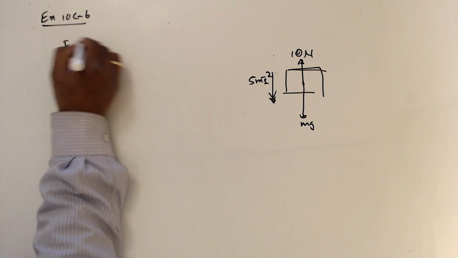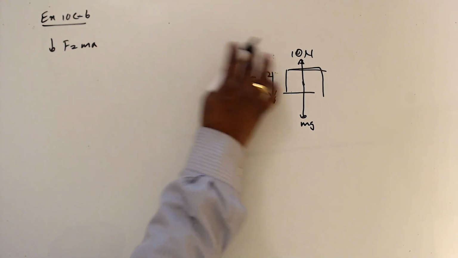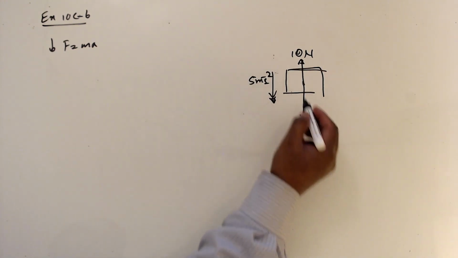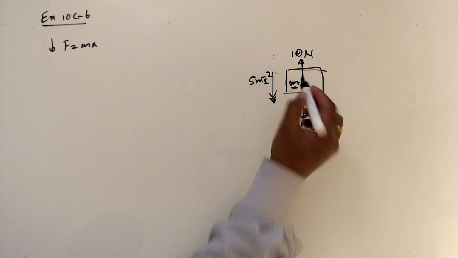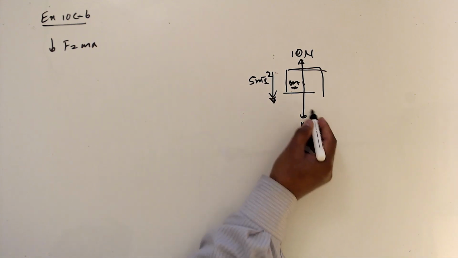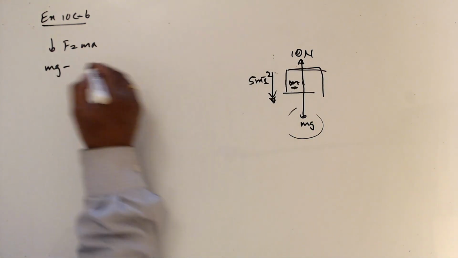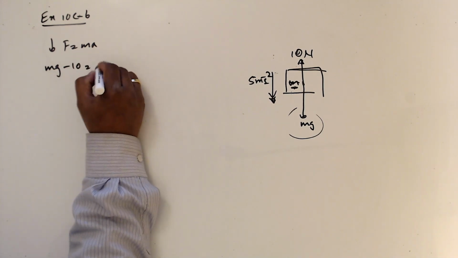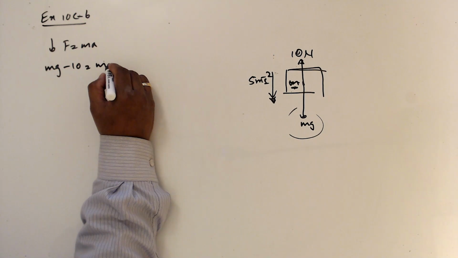F equals ma downward, question number 6. This whole setup is accelerating downward. We need to find the mass. So F equals ma downward. So this is positive mg, minus this is negative, equals m times a, which is 5.